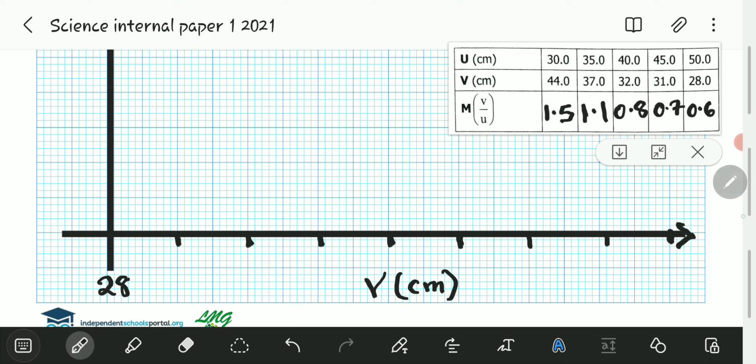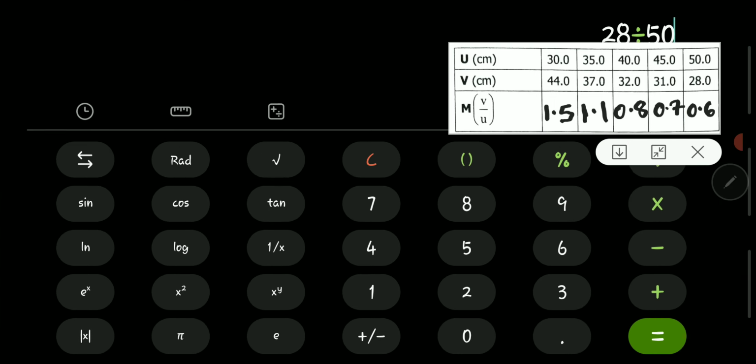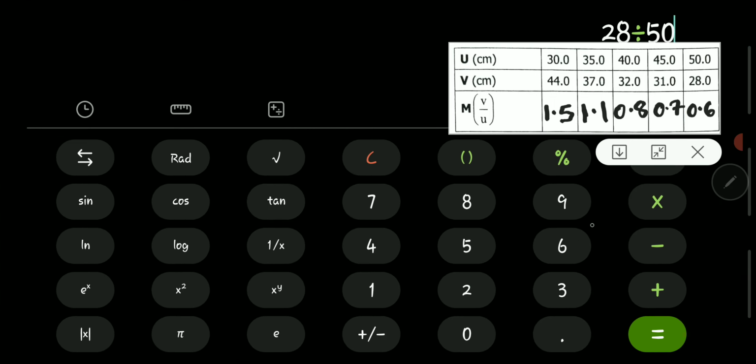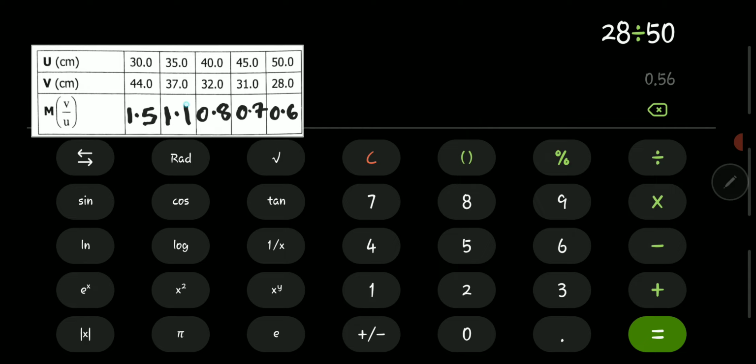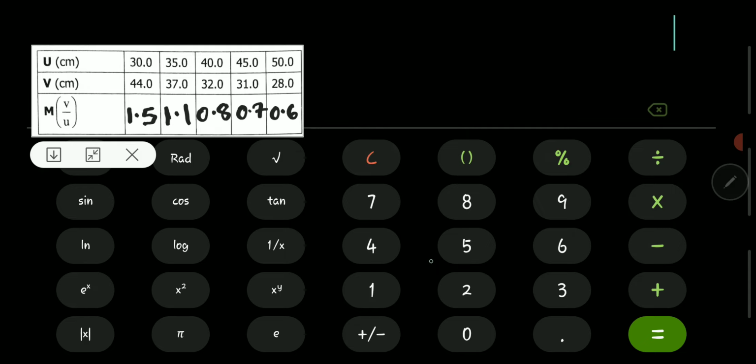You say 44 minus 28. Then, how many boxes do you want? I'll say 7, because 7 is more than 5. So 44 minus 28, which is the biggest value on the x-axis minus the smallest value, gives me 16.